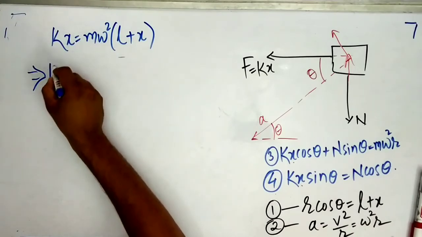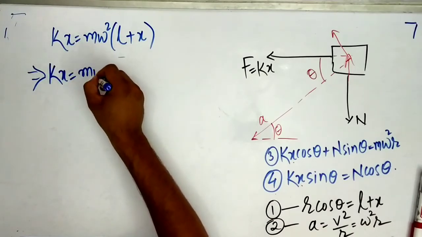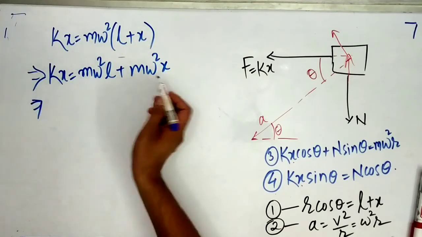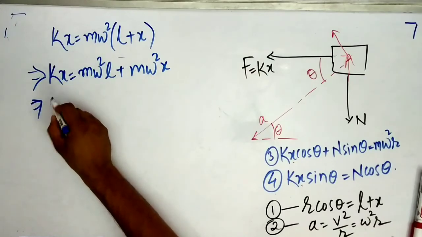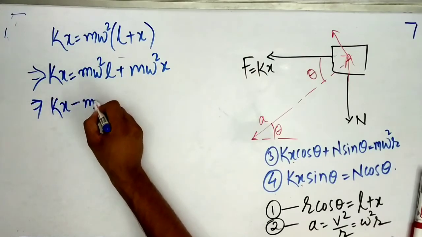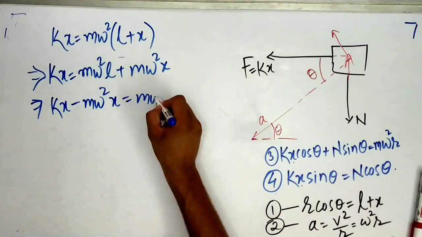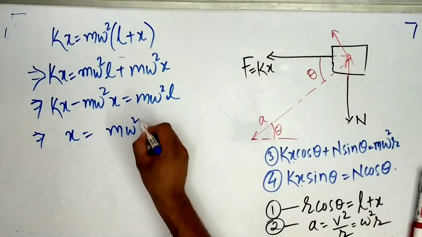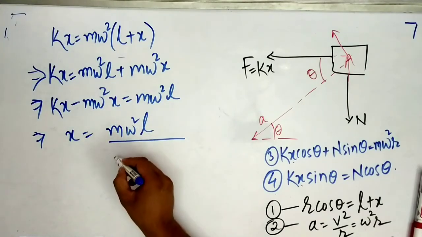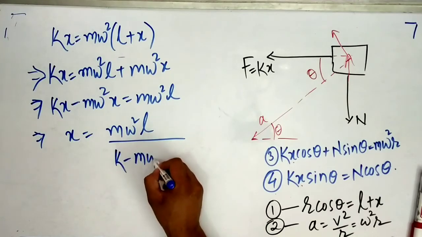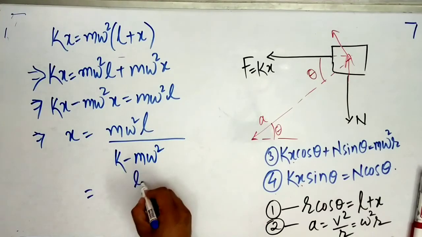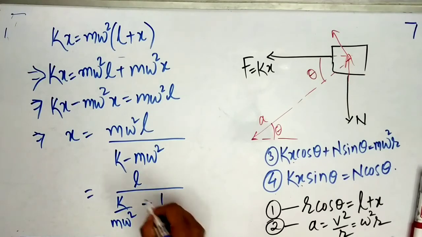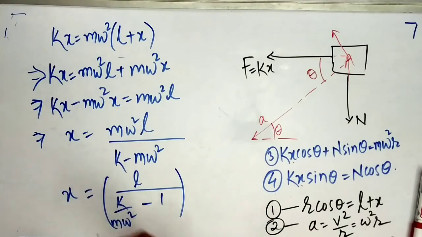Expanding this, we get m omega square L plus m omega square x. Taking x to the left side, we get Kx minus m omega square x equals m omega square L. This gives us x is equal to m omega square L divided by k minus m omega square, which can also be written as L divided by k divided by m omega square minus 1.